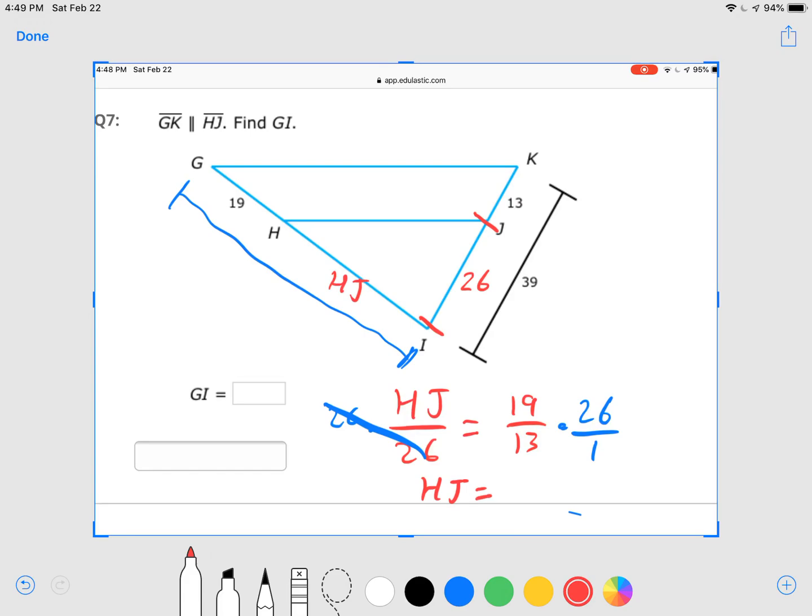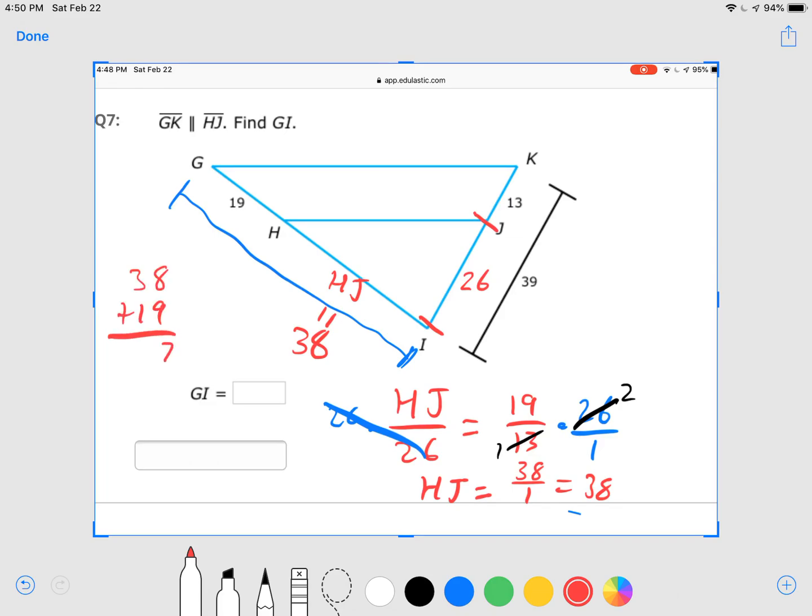HJ is going to be equal to, the 13 and the 26 can simplify. So we got 1 and 2. And we end up getting 38 on the top. 38 over 1, which is 38. So the HJ portion by itself is 38. And to figure out the entire GI, we're just going to add 38 plus 19. So 38 plus 19 is equal to 57.